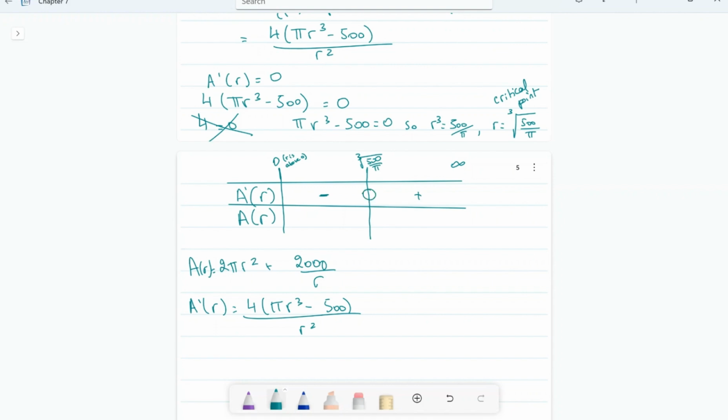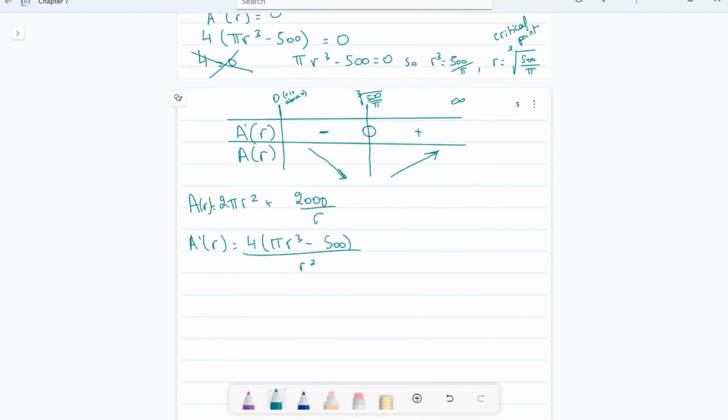And the derivative is 0 at this value. This means that the function is decreasing and then increasing. What does this tell us? This tells us that at this value of r, we have the absolute minimum. So we can write this down: absolute minimum at r equals the cubic root of 500 over pi.